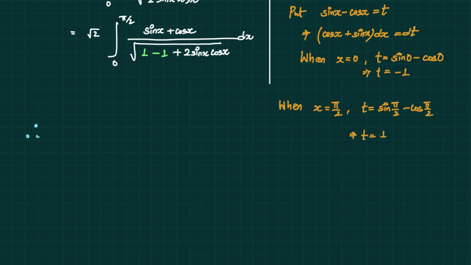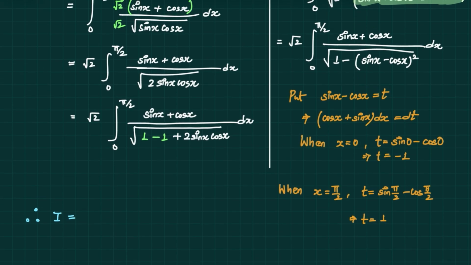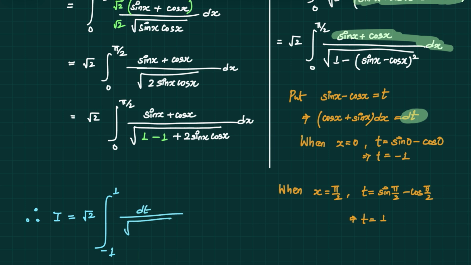Therefore my integral I equals, see there is a square root of 2 outside, so we will write that, and the limit has been changed from minus 1 to 1, and sin x plus cos x into dx in the numerator is dt from this equation. So numerator is dt divided by square root of 1 minus, sin x minus cos x is t, so here it will be t square.